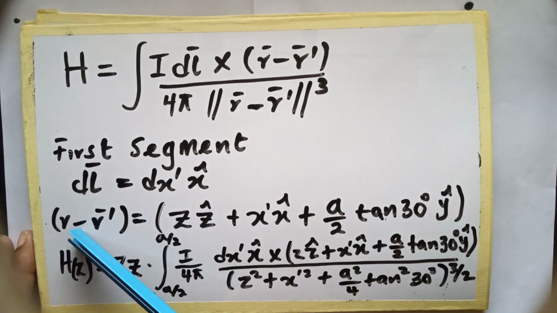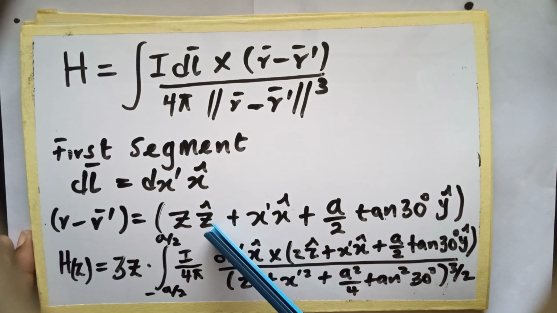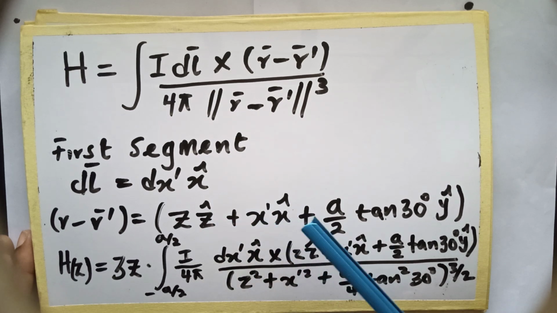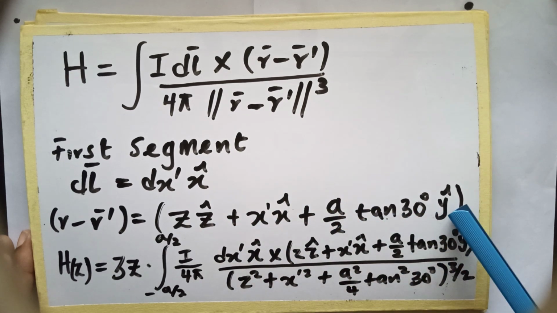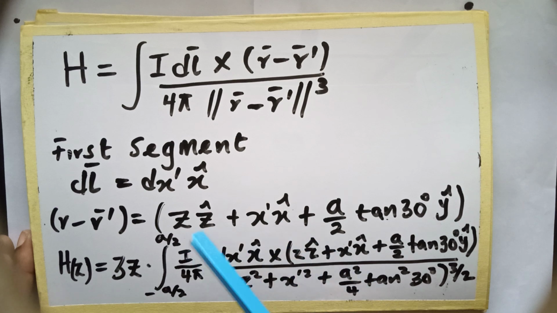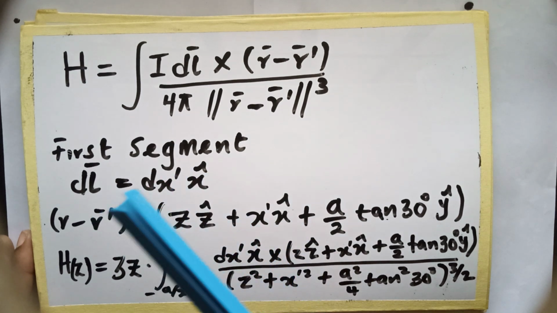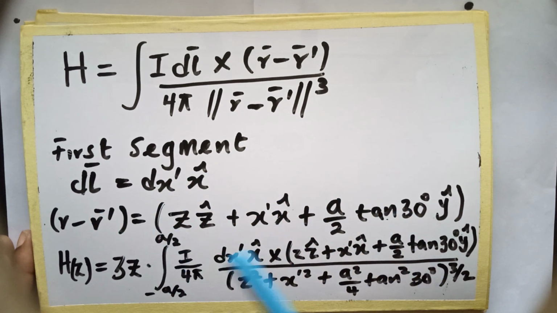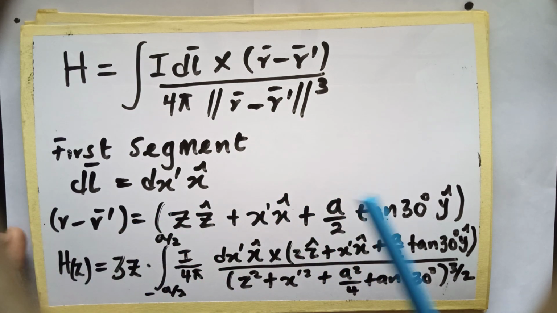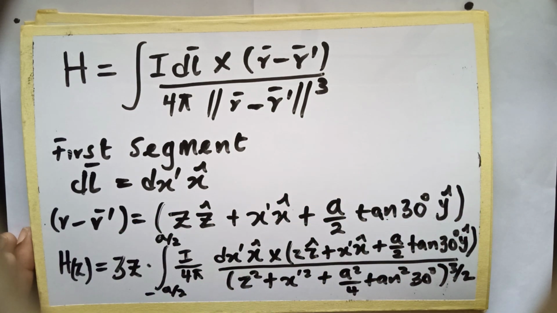Then our r is given by z z-cap minus x prime x-cap plus a over 2 times tan 30 y-cap. If you recall that our z is the one coming out, and x is along that particular direction, then we get this expression.